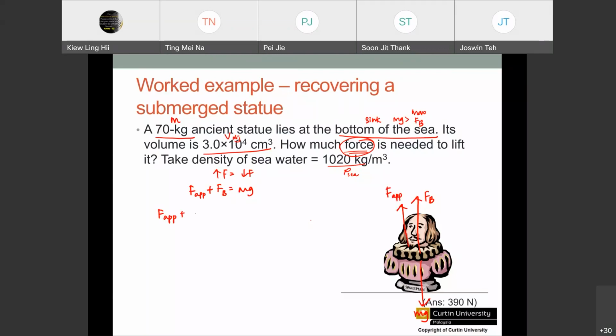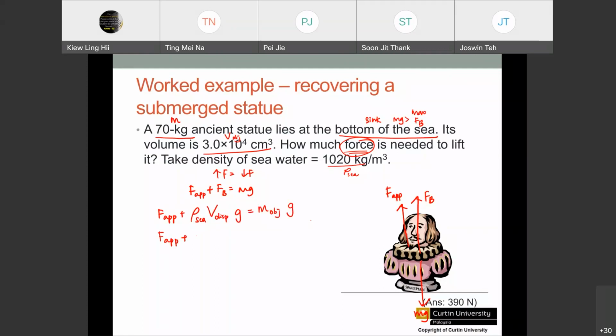Rho, density of the liquid. Now it's inside the sea. The object is submerged fully down into the water, so volume displaced will be equal to volume of the object, times g, equals mass of the object times g. So plug in the values.